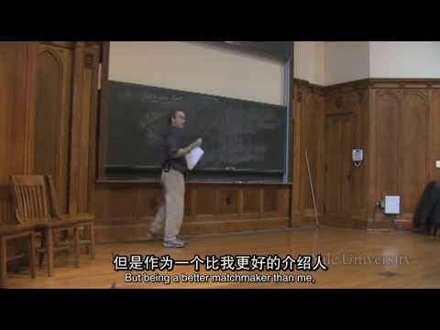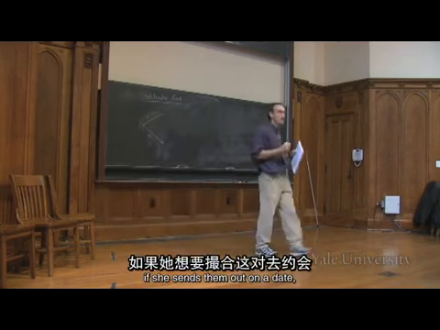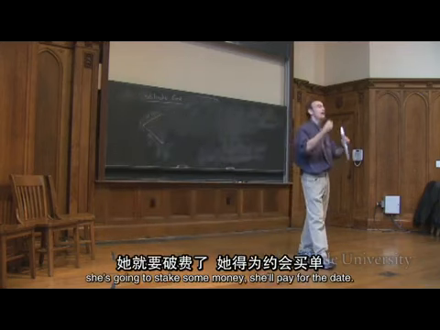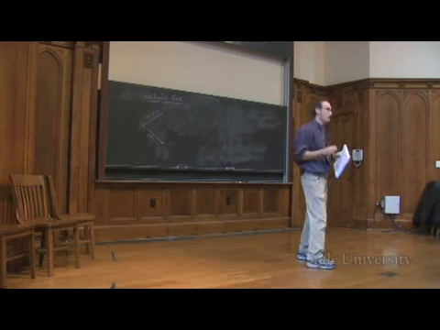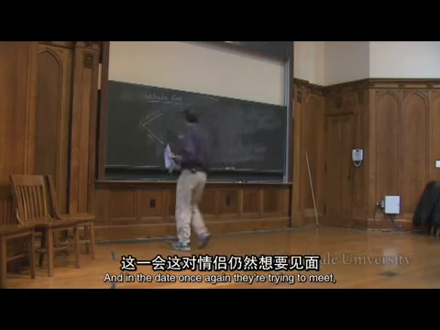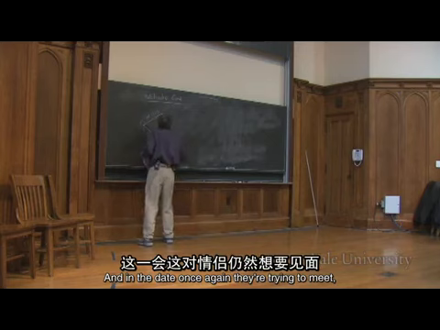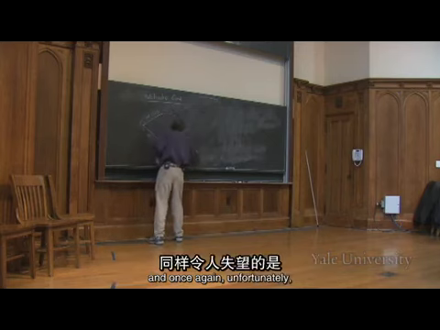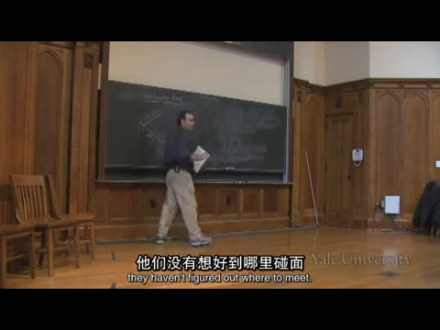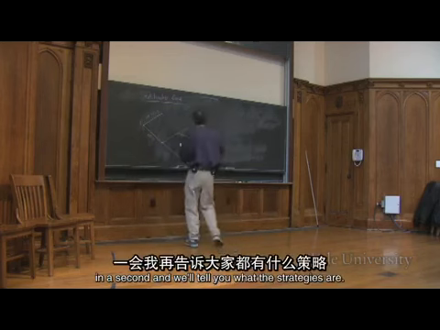But being a better matchmaker than me, if she sends them out on the date, she's going to stake some money. She'll pay for the date. And in the date, once again, they're trying to meet. And once again, unfortunately, they haven't figured out where to meet. Well, we'll put the payoffs in a second. We'll tell you what the strategies are.